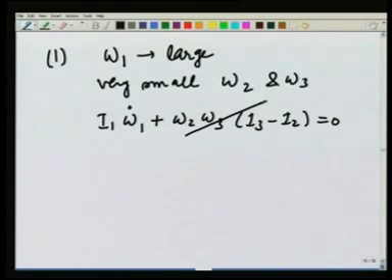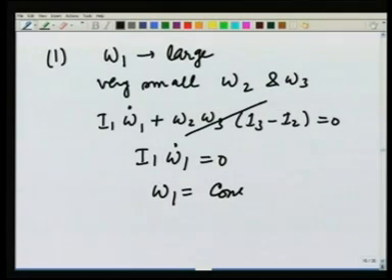Remember, I am just trying to give you a qualitative picture of what is happening, and therefore I can write I1 omega 1 dot is equal to 0, or omega 1 is a constant. Therefore, if I give it a large spin about the axis around which the moment of inertia is smallest, it will go with constant angular speed about that point. It will keep on rotating constantly.